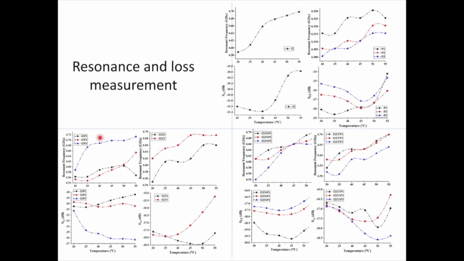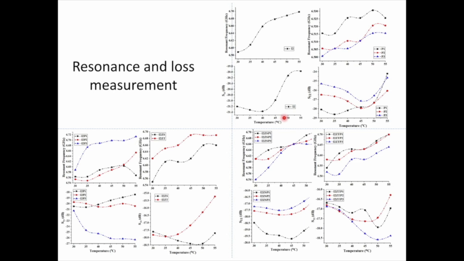However, when these proteins interact with the denaturing agent, they tend to saturate at a certain frequency. In all these measurements, we see an interesting feature: between 40 and 50 degrees centigrade there is an inflection point, where the trend goes from decreasing to increasing or from increasing to decreasing.